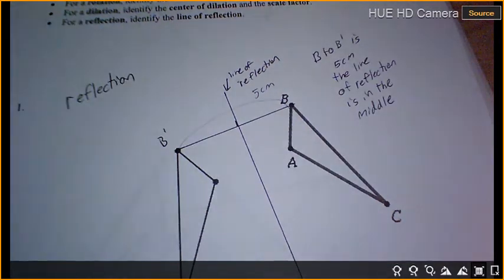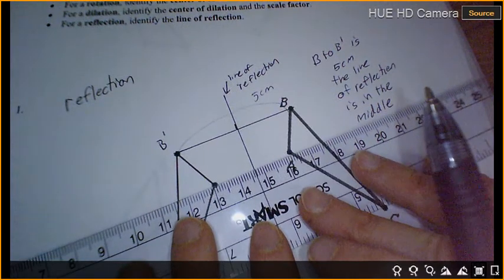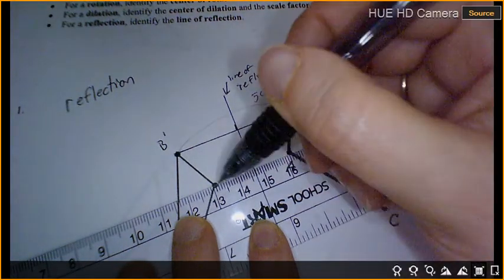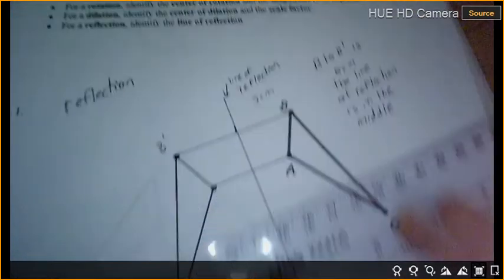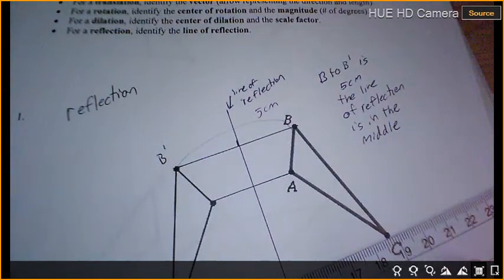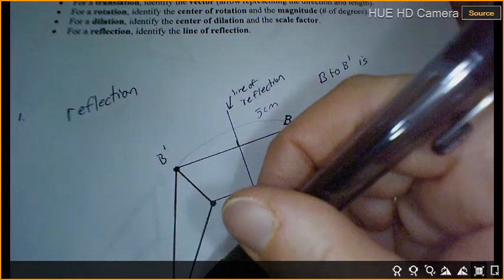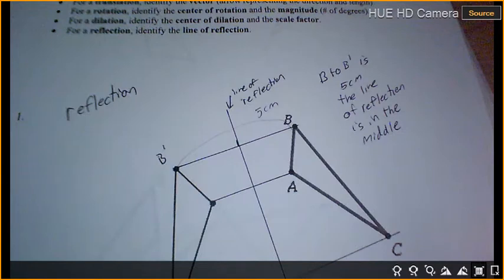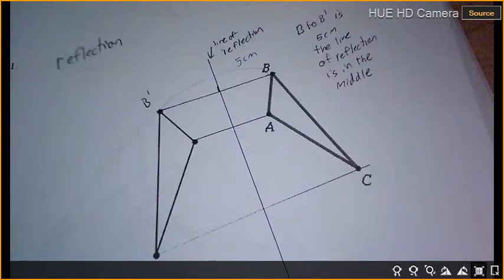You could have done this for A to A image as well, and you could do it for C to C image as well. It should be right in between all of those. Question about doing reflection and line of reflection?